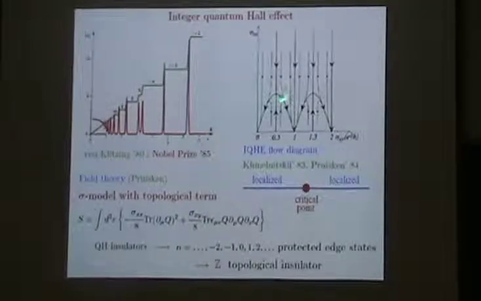And of course, between them, there should be a point where the flow is split, so there should necessarily be some fixed point on this line, and this is a minimal guess, let's say. Of course, nobody can really calculate what happens here, so this is a reconstruction of this phase diagram out of the information that we have, and this is a minimal reconstruction, and all that we know agrees with this.